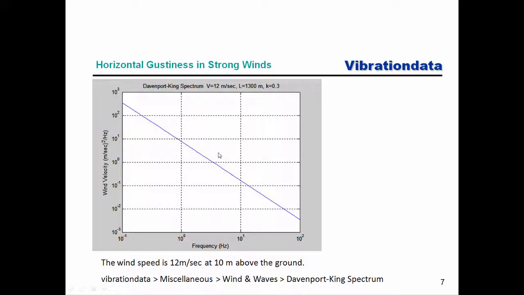In this case, the resulting data is presented in terms of wind velocity, meters per second squared per hertz. Now, it's in log-log format, and there's a couple different parameters required. We need to know what the wind velocity is, and this is the wind velocity at 10 meters above the ground. Then there's also a characteristic gust length and a drag coefficient number.